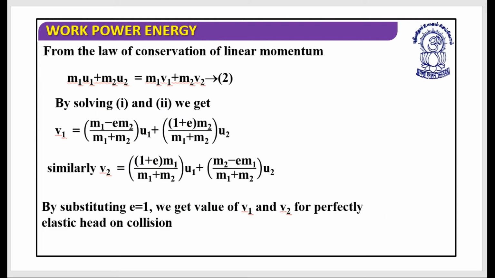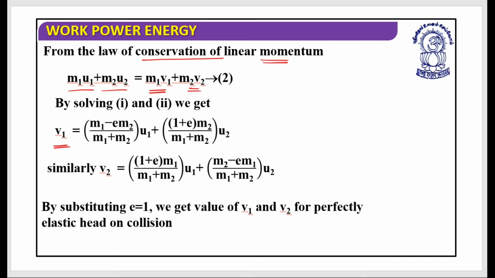Now we know that momentum is conserved. From the law of conservation of linear momentum, m1 u1 plus m2 u2 equals m1 v1 plus m2 v2. So we have one relation from the coefficient of restitution and another from conservation of linear momentum.